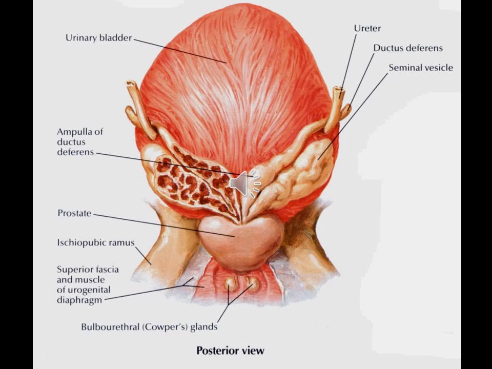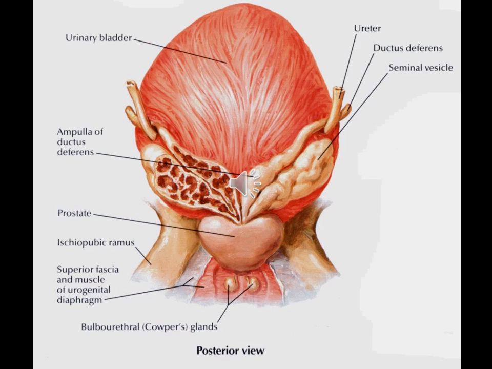In the next slide, we are looking at the base of the bladder, that is the posterior surface of the urinary bladder, where we see medially the ductus deferens, which will dilate before it joins the duct of the seminal vesicle to form the ejaculatory duct.